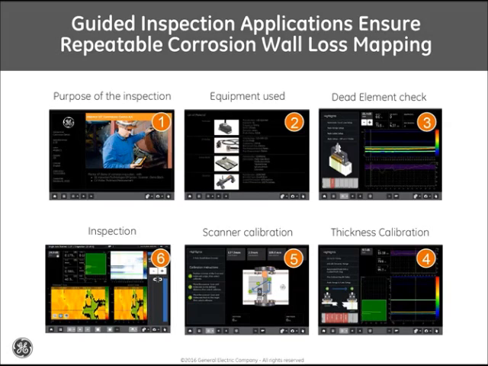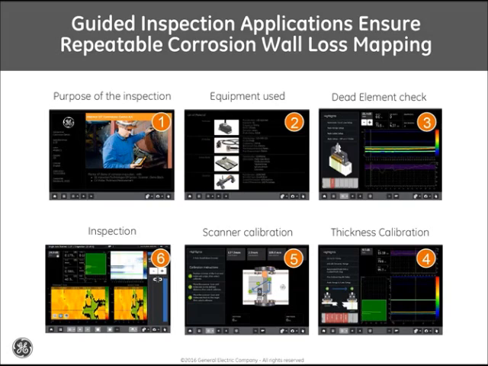If you take a look at the slide, starting in the upper left, in the first panel, number 1, essentially you can set up a purpose of the inspection to ensure the inspector is well aware of all the requirements of the inspection he is performing.